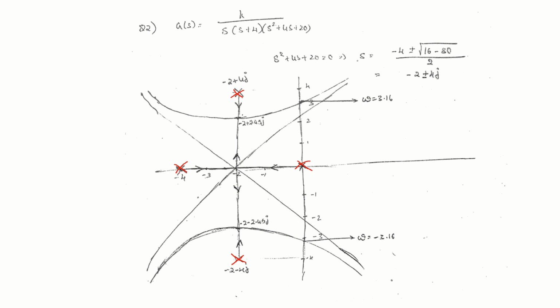Okay, breakaway points, if you find out, you will get a breakaway point here on this root locus. And if you find the angle of departure, you will get minus 90 degree. And here you will get plus 90 degree angle of departure.